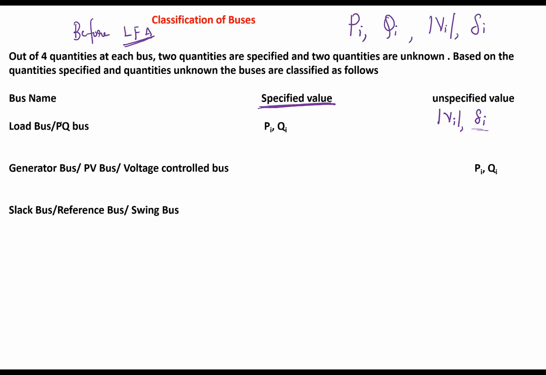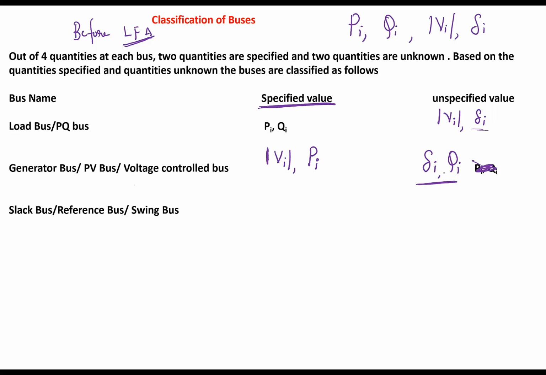The next type of bus is the generator bus, PV bus, or voltage controlled bus. Here you know the voltage magnitude and real power injected at the bus, whereas you don't know the voltage angle and reactive power injected at the bus.